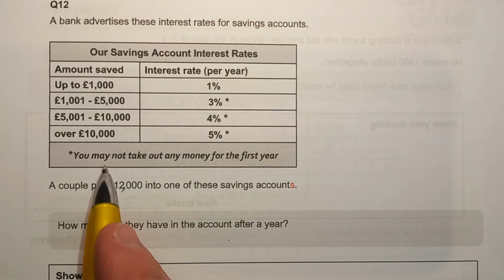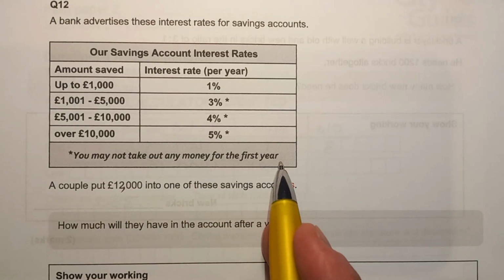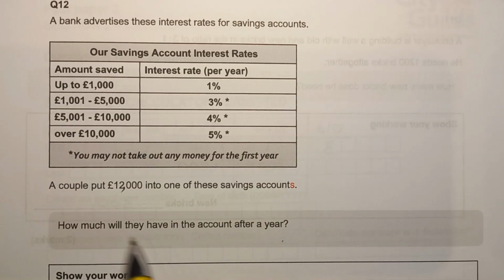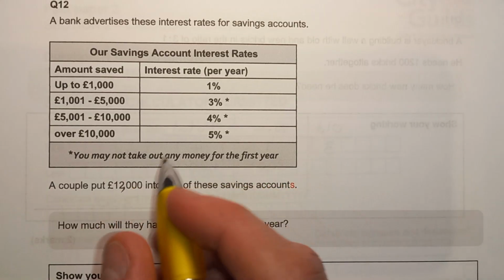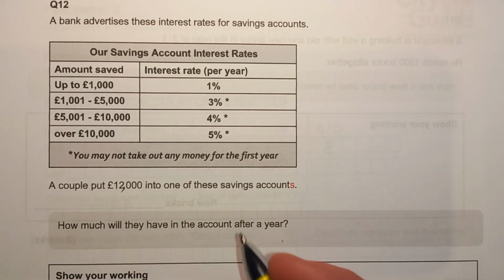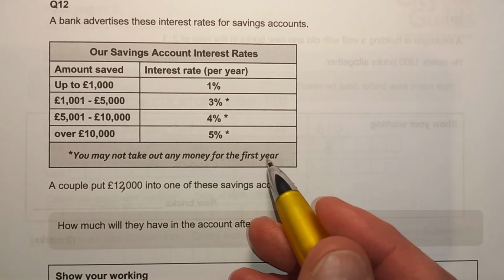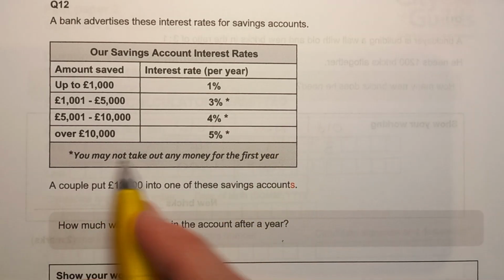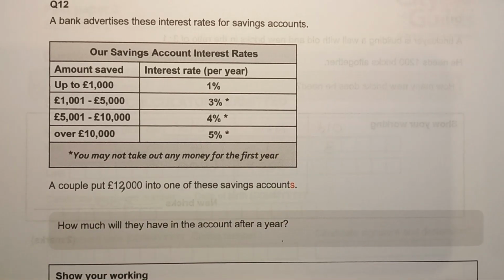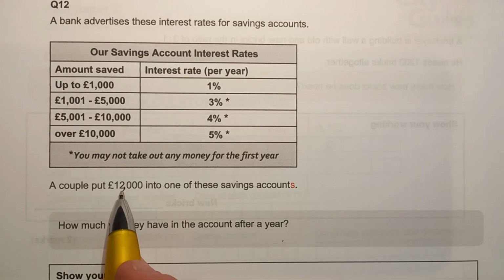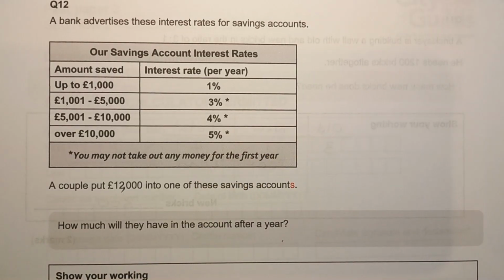Now this bit about you may not take out any money for the first year is a bit of a red herring, because they're saying how much will you have in there. So it doesn't mean anything, it's not adding to it. And that's what it's important to see, what information is relevant and what isn't. So this asterisk and this bit, we can ignore that. So we're just trying to increase £12,000 by the relevant interest rate.